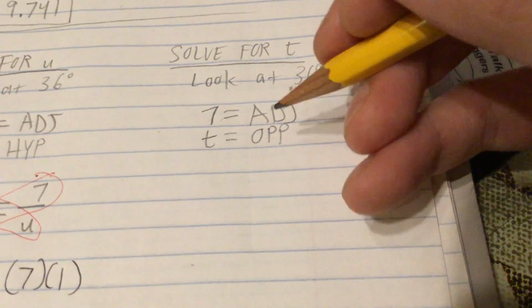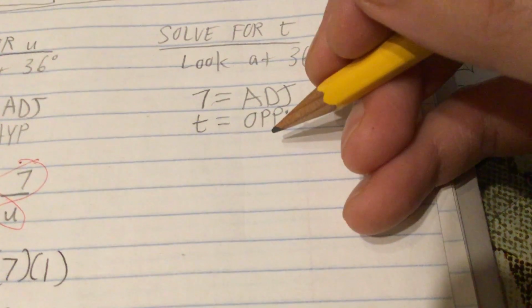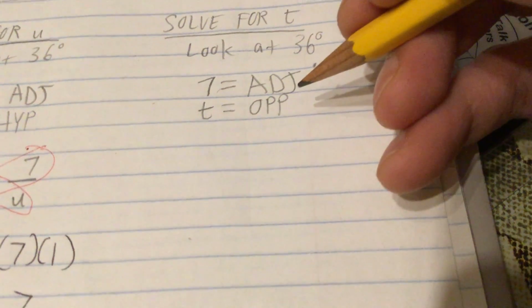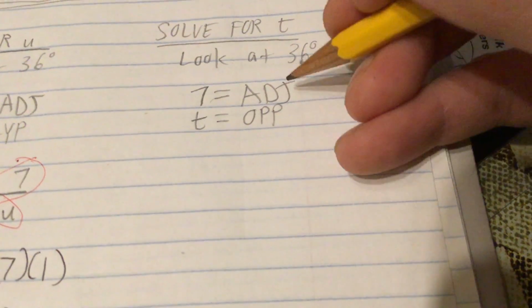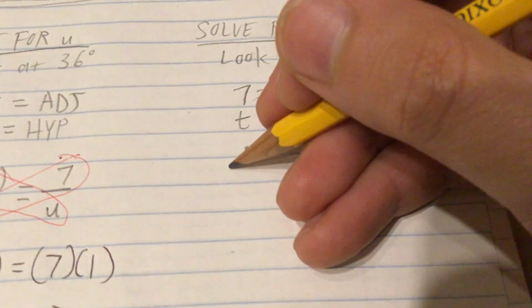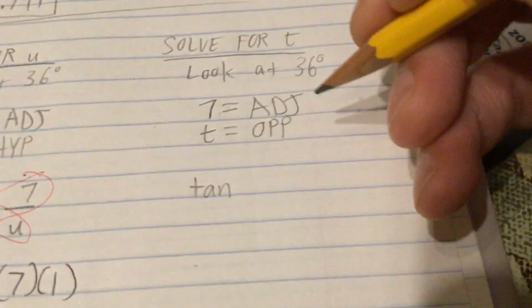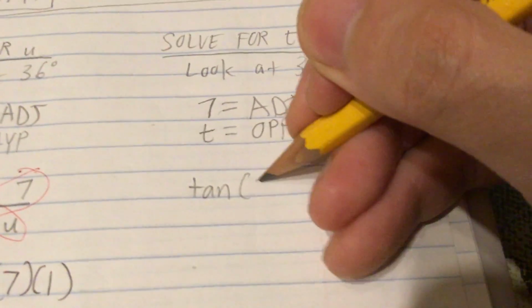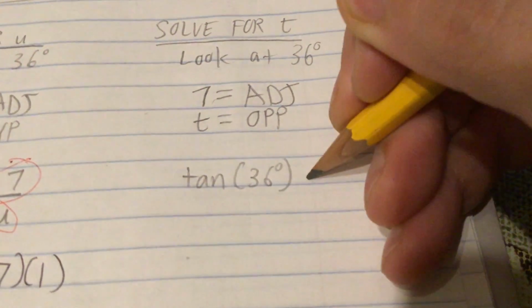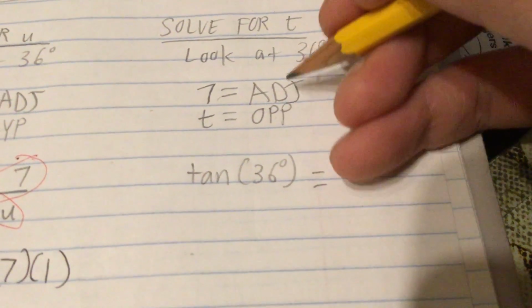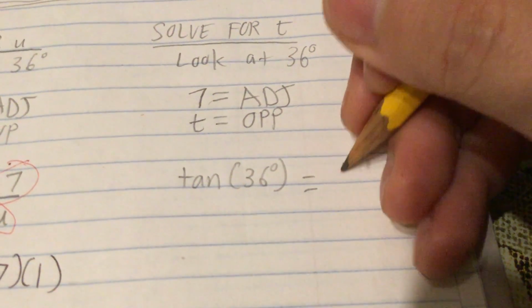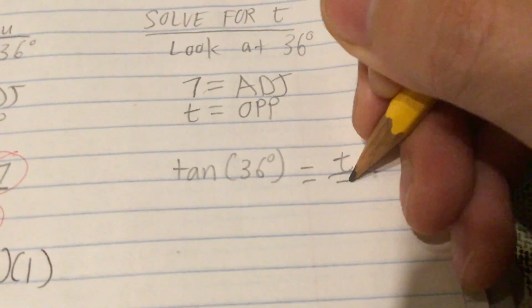Well, I've got an adjacent side and an opposite side. But remember, the expression goes SOHCAHTOA. So the opposite goes on top of the adjacent in order for us to be able to use the tangent ratio. So the tangent of 36 degrees is proportional to opposite over adjacent. So that'd be T over 7.